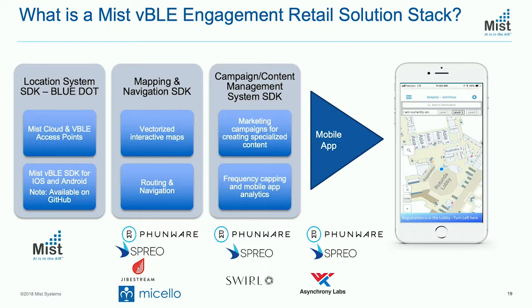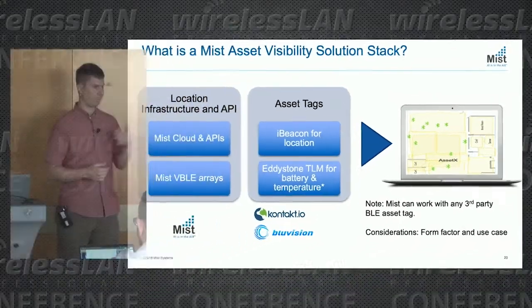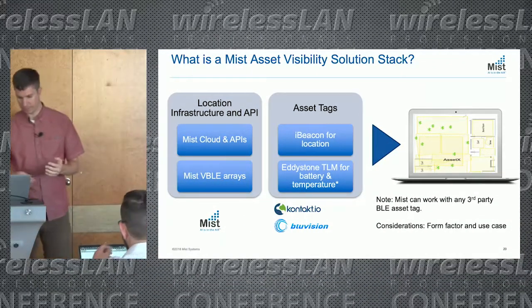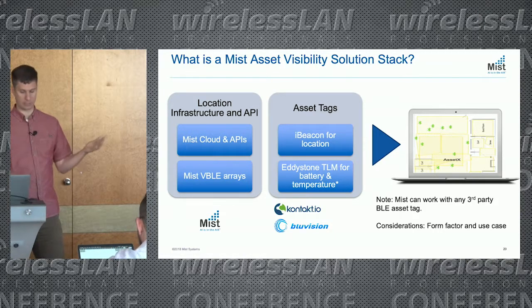And then conversely, for asset visibility, you still need the APs, but you also need the tags. These tags, whether they're iBeacon or some other beacon that has other information built into it, like temperature monitoring, mean you have to integrate with these tag vendors as well.